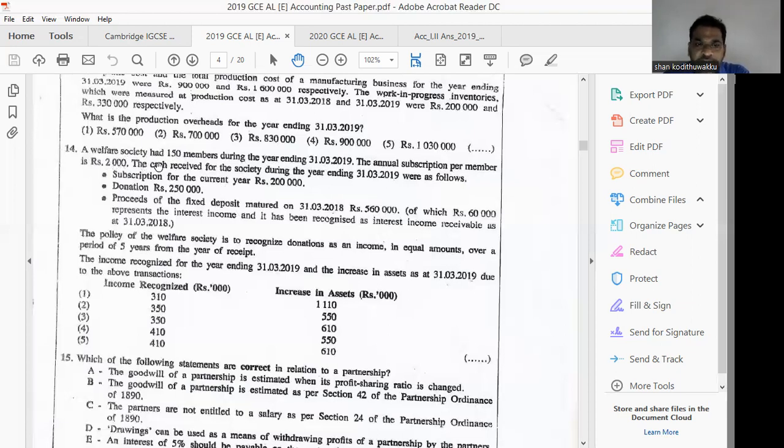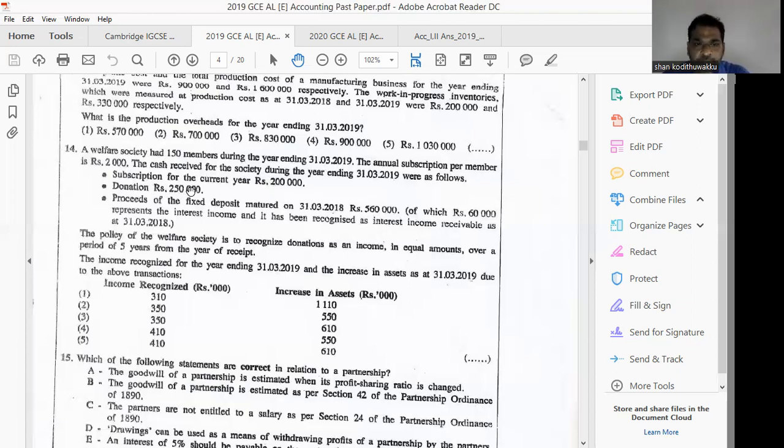That means 5 zeros. Sorry, 300,000. 3 lakhs. 300,000 will be the relevant member fee. 150 into 2,000 equals 300,000. But during the period, they have received only 200,000. The 100,000 will be arrears, paid in arrears to current year.